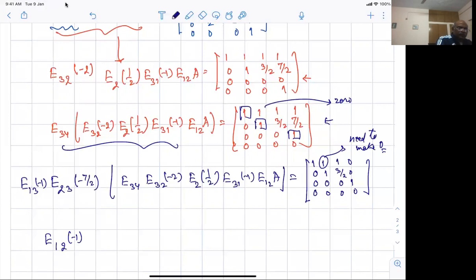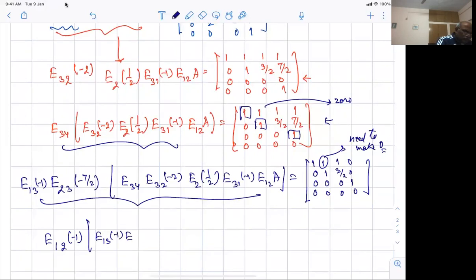I have to apply this to the whole of this thing here. So this is my E13 of minus 1, E23 of minus 7 by 2, E34. So if you see, I have not exactly done what is there in the algorithm, but I have done a similar thing.